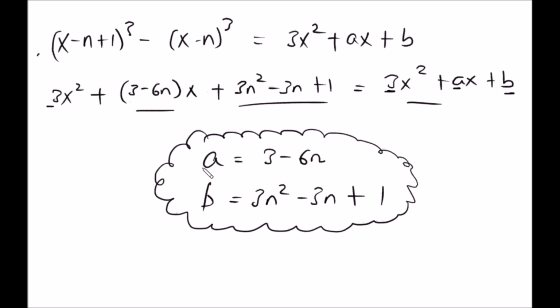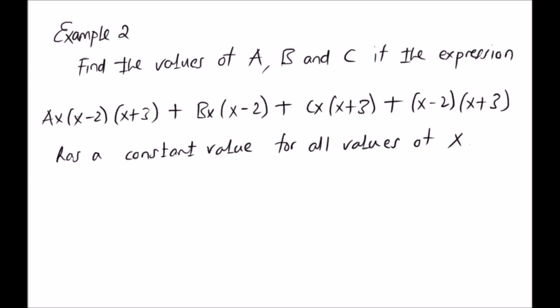Let us see example 2. Example 2 hiyo hapo. Example 2 anasema find the values of A, B and C if the expression here has a constant value for all values of x.